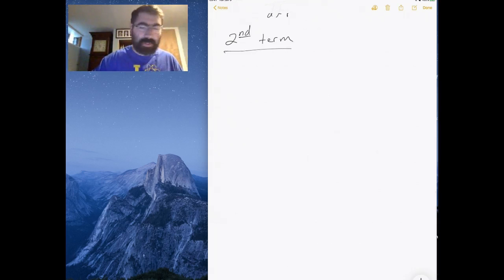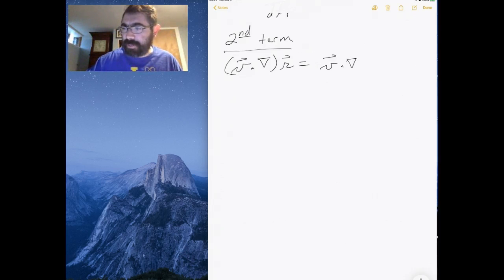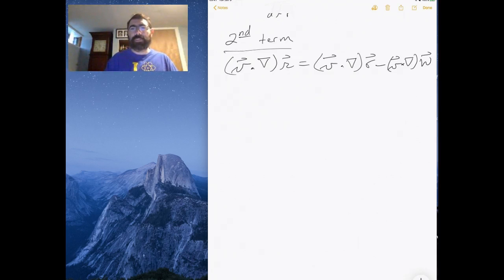Okay, so now let's take a look at the second term, which is V dot del operating on R, which now we can break up into pieces, and we'll have V dot del operating on script R minus V dot del operating on w, which is that distance from the origin to the charge.